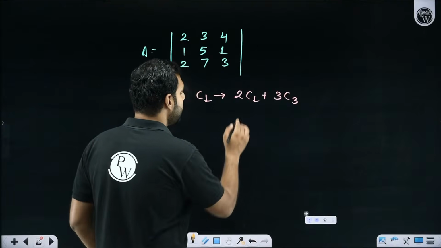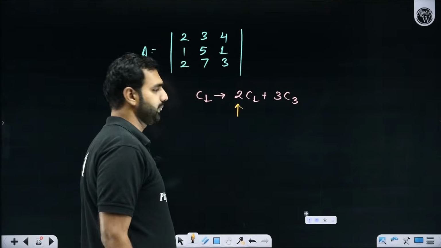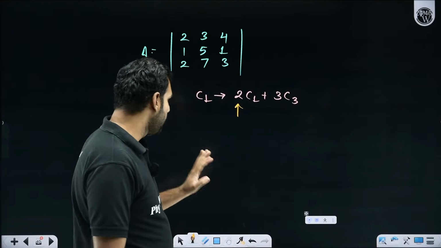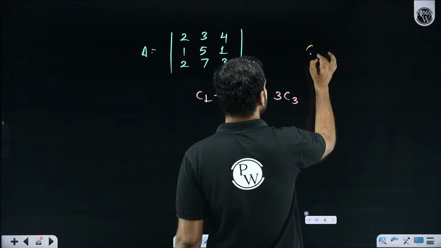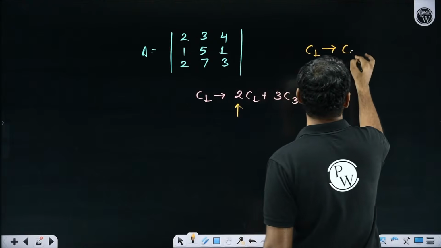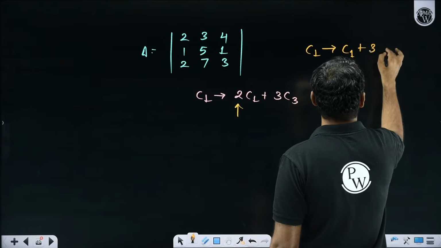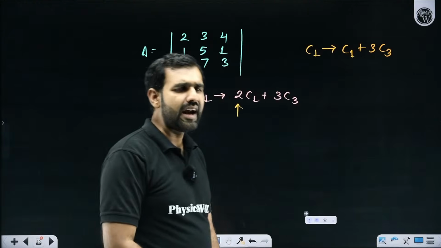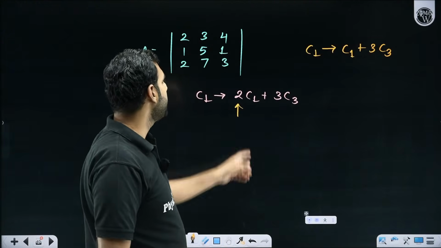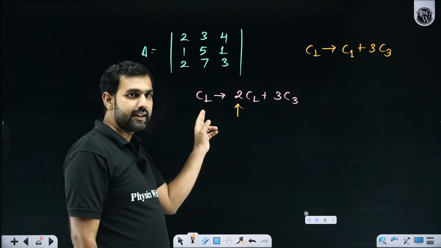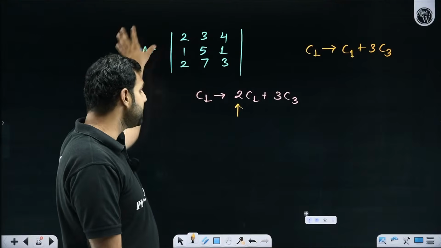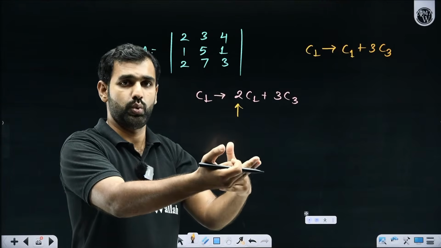Let's talk about it. This is 2 times C1. So if you're updating column 1, what you should usually do is column 1 should be updated by column 1 plus anything multiplied to column 2 or column 3. That would have been justified. But if you are multiplying this column 1, which you are updating here, also by 2, then please remember this determinant's value will also get multiplied by 2.